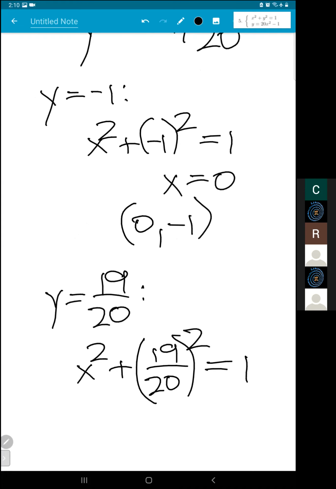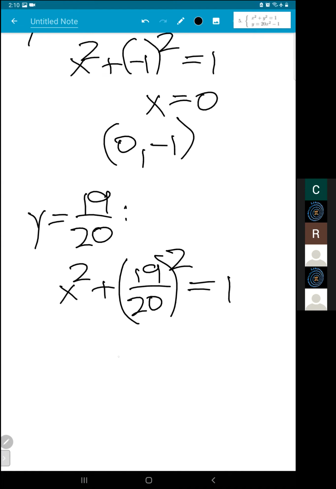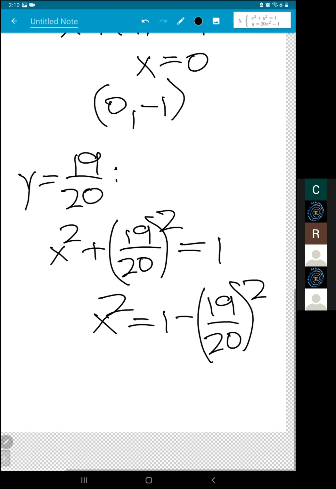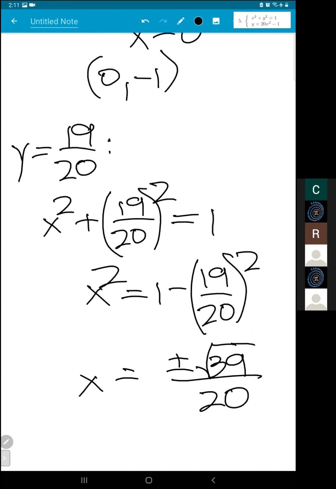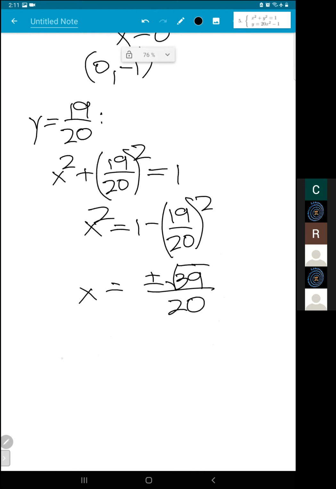You can use your calculator anyway to make simplification easier and faster. So you have three solutions.